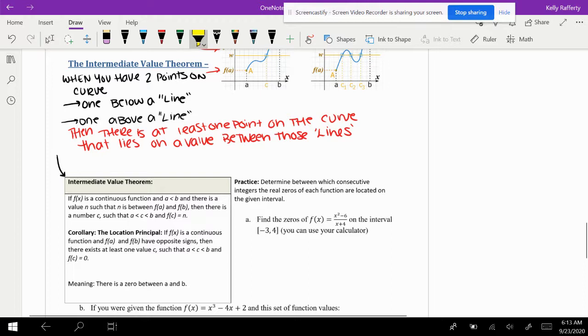Looking at this definition, I really should have specified before that the function has to be continuous.